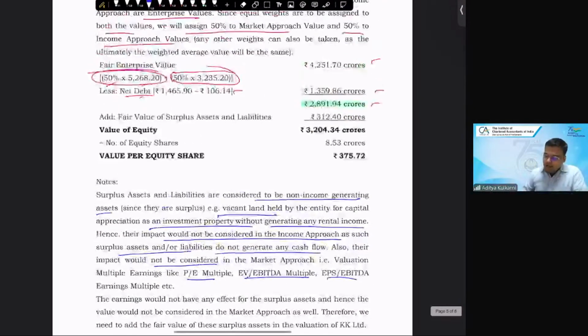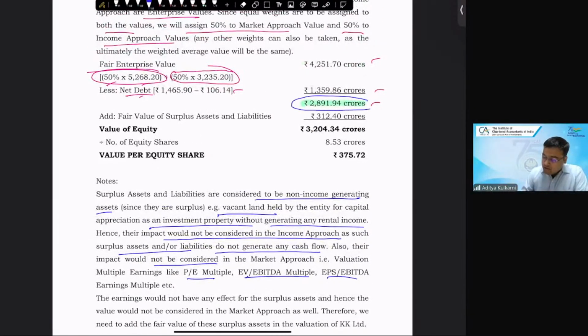So when I am arriving at this valuation of 2,892 crores, tell me one thing, will these surplus assets and liabilities be included in that?